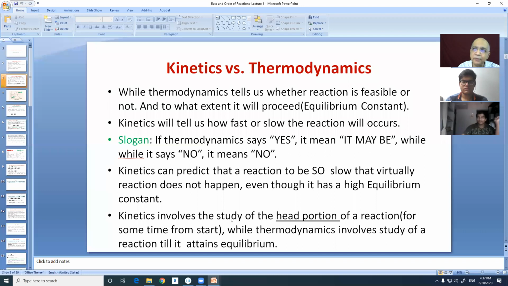So often in the laboratory, students take up the volumetric method, the titration method, to find out the remaining reactant or the product formed. Accordingly, they select the other complementary reactant in the burette to immediately finish the titration.